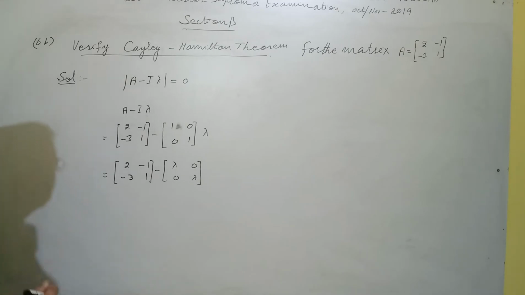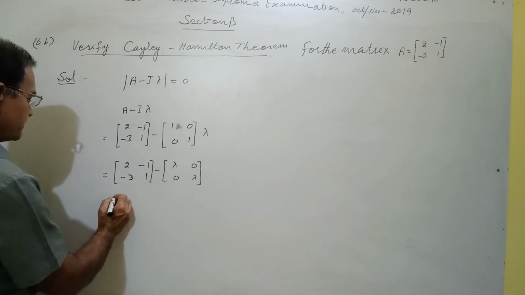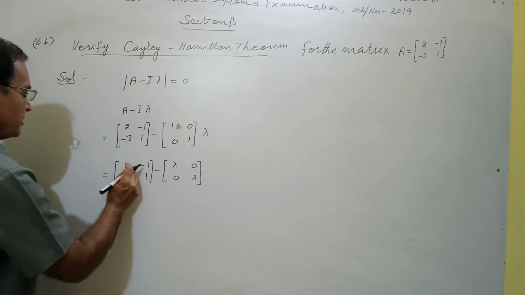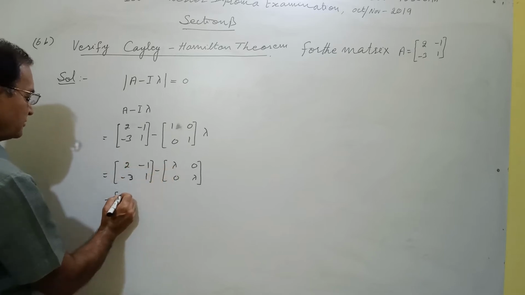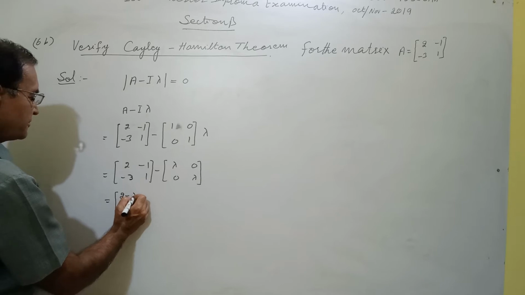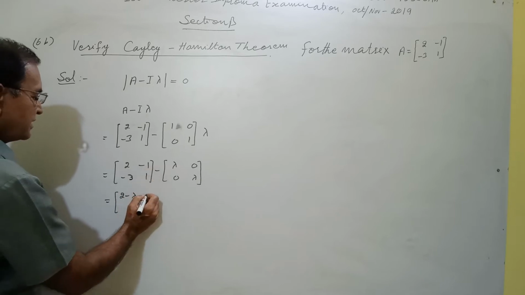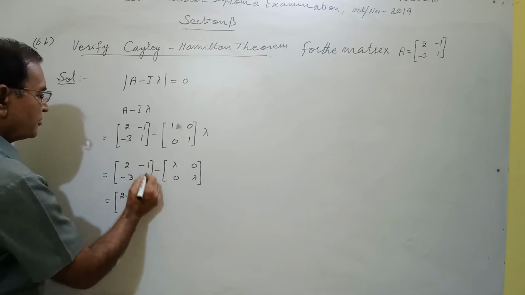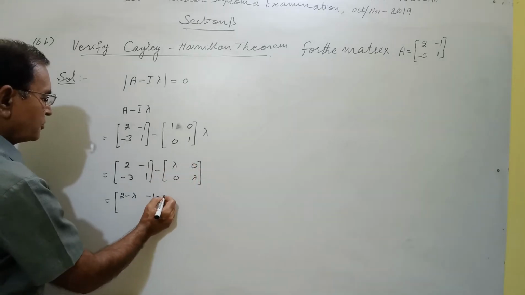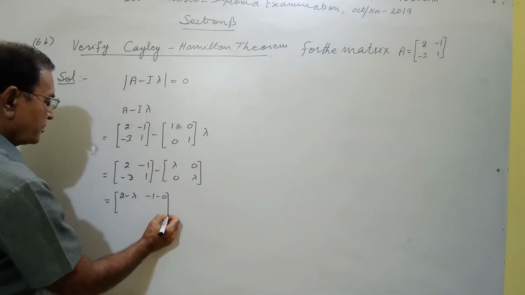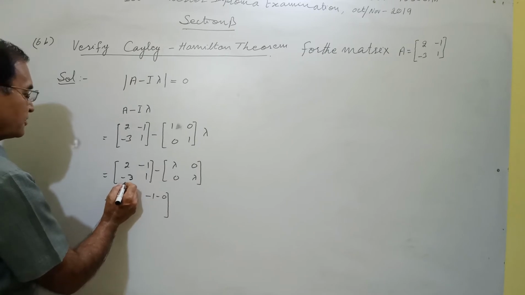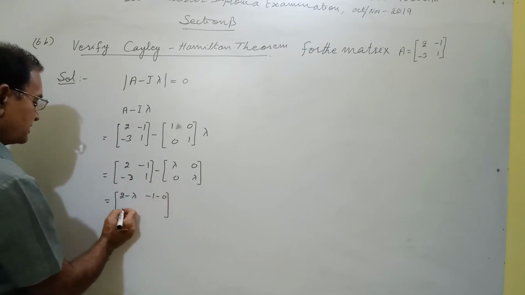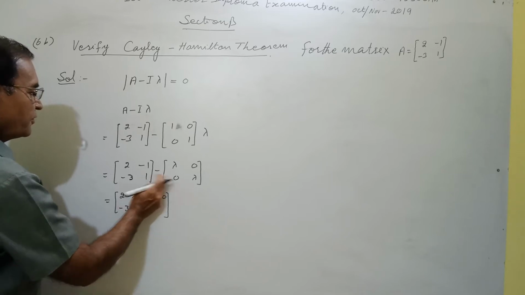Then subtract these two matrices. First entry 2 minus lambda, second entry minus 1 minus 0, first entry of the second row minus 3 minus 0, and 1 minus lambda.